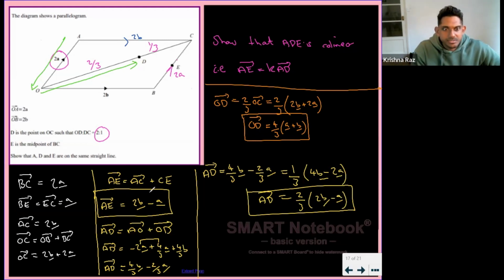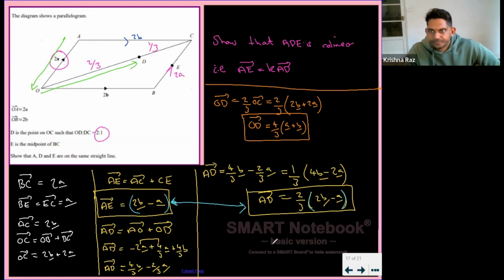So since these two vectors are multiples of the same thing, yeah, they are collinear.